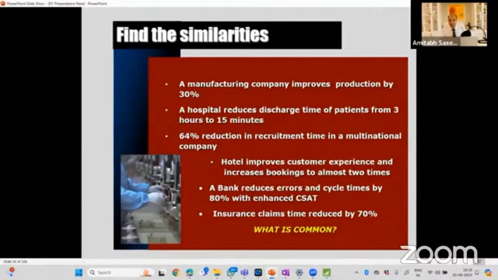A hospital reduces discharge time of patients from 3 hours to 15 minutes. 64% reduction in recruitment cycle time in multinational companies. And a hotel improves customer experience and increases bookings to almost 2 times. And a bank reduces errors and cycle times by 80% with enhanced customer satisfaction index, and insurance claims time reduced by 70%. So can you write in the chat box, what are the common things?